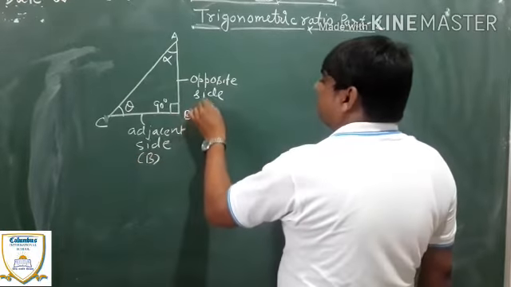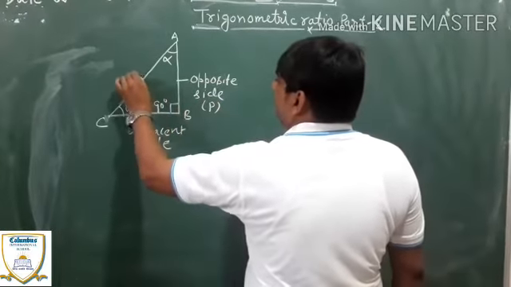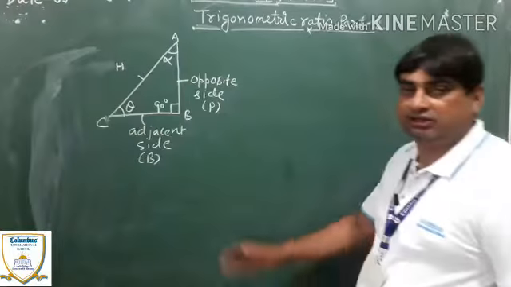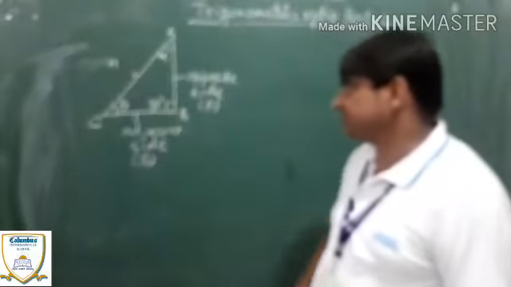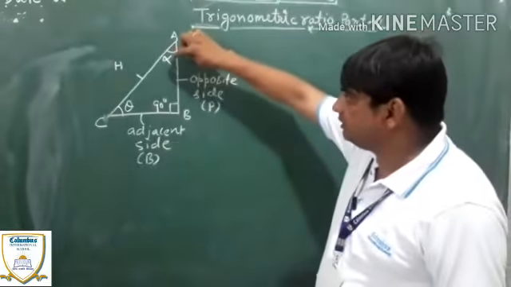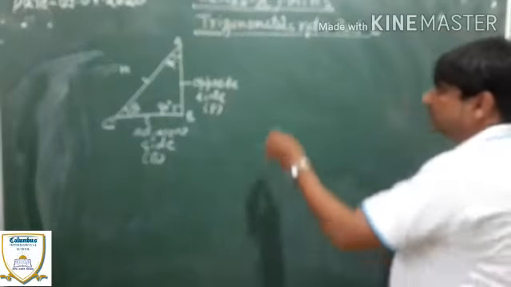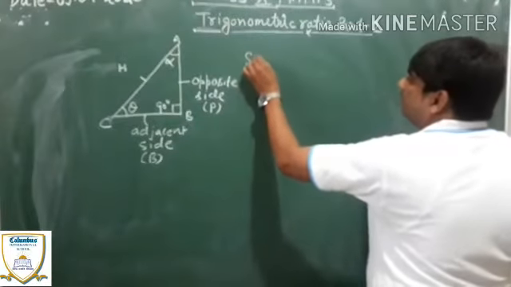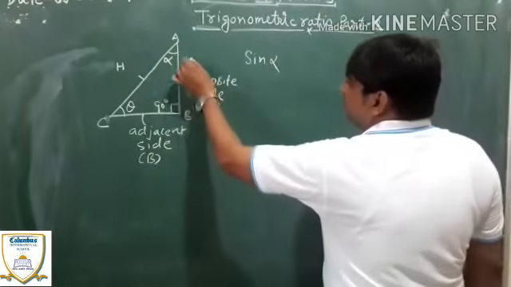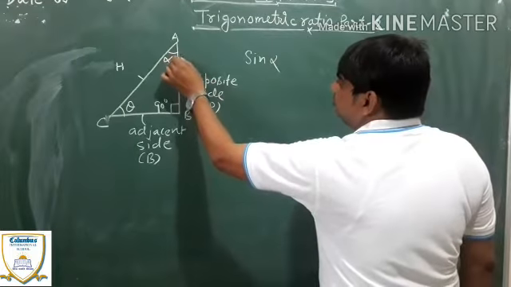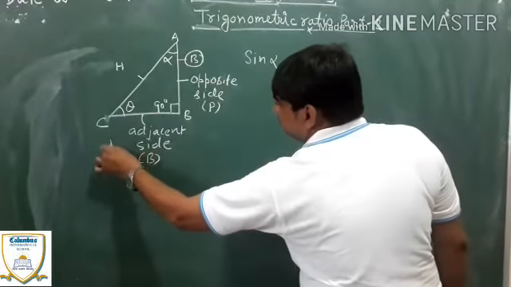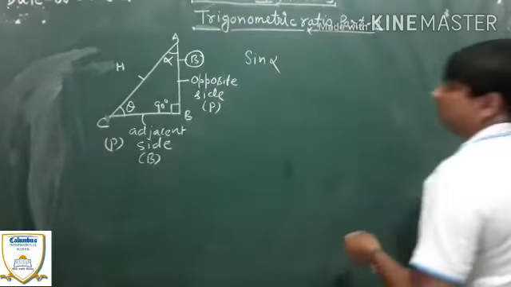This is base and this is perpendicular and this is hypotenuse denoted by capital H. If you want to find the vertex angle alpha, then perpendicular is changed into base and base is changed into perpendicular.